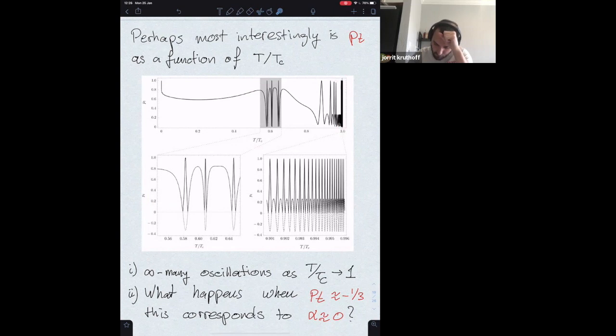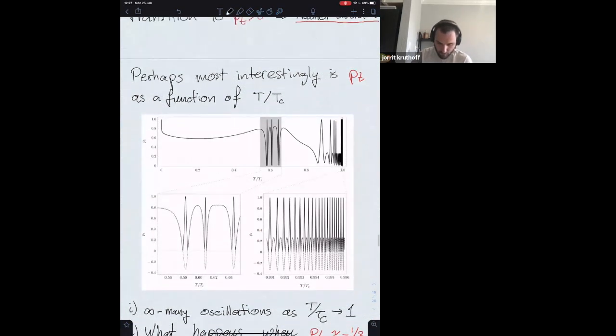But here, very close to the critical temperature, you see a buildup of many oscillations in this function P, the Kasner exponent PT as a function of temperature. And so actually what you can show is that there's an infinite number of oscillations.